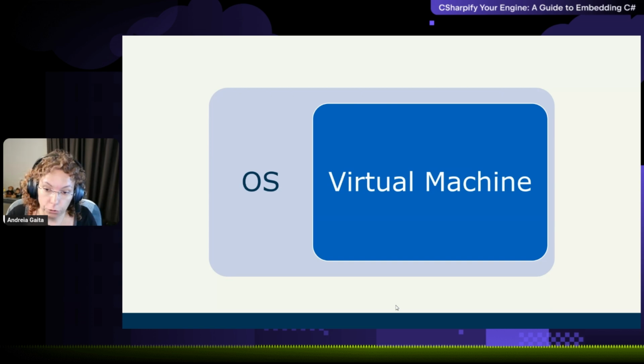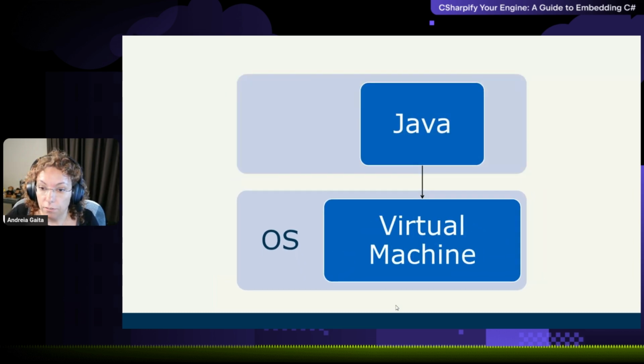So the virtual machine is a little sandbox inside the OS, hiding away all the specifics. And Java targets that virtual machine, and the virtual machine executes. The virtual machine's job is to do the actual native things that that particular machine needs to.